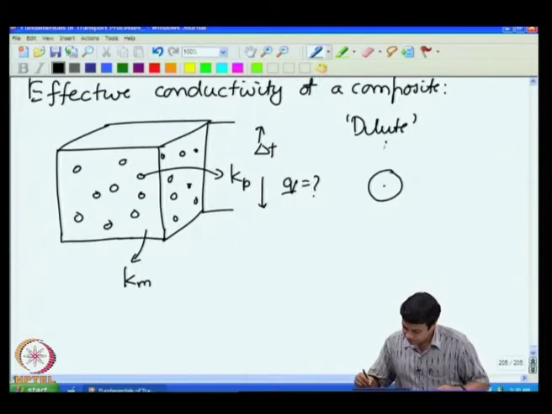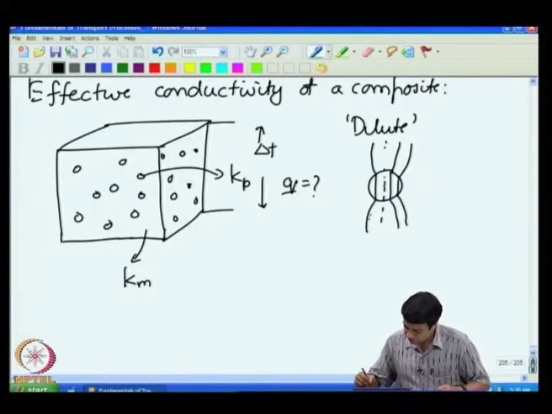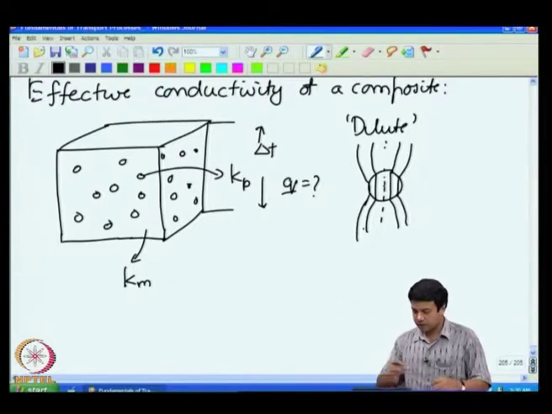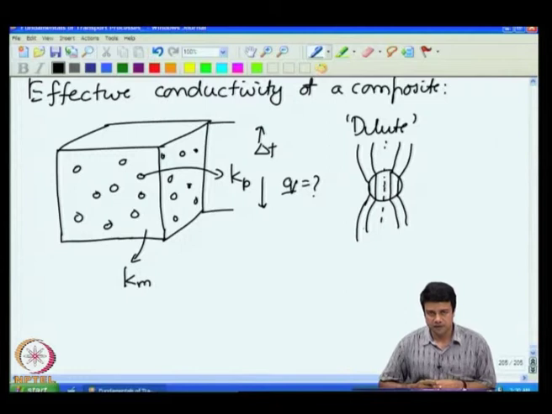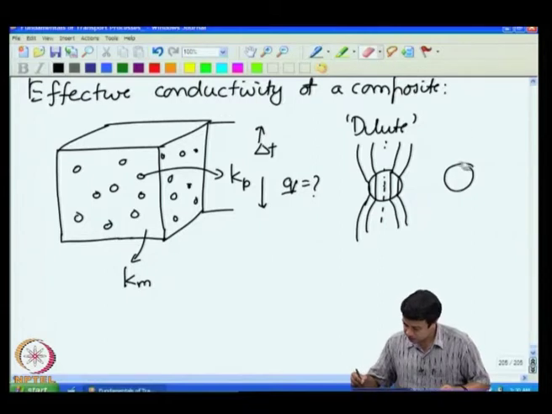If the particle is more conducting than the matrix, the flux lines will curve towards the particle, whereas if it is less conducting than the matrix, the flux lines will curve away from the particle.